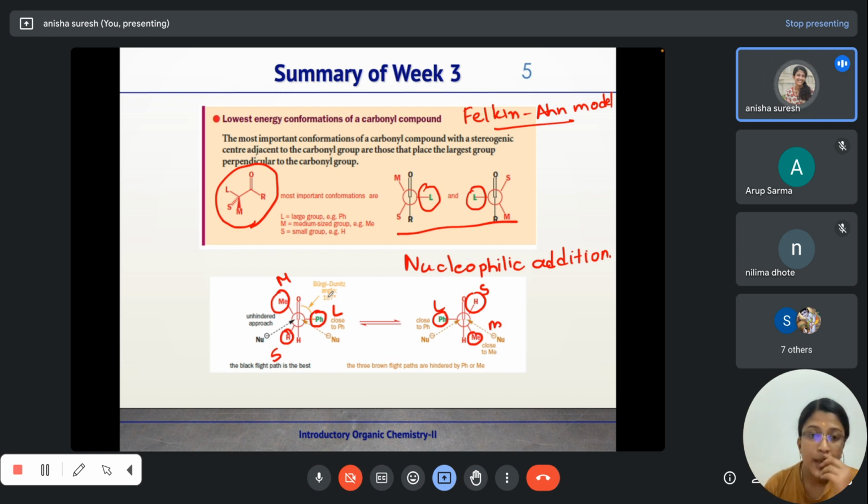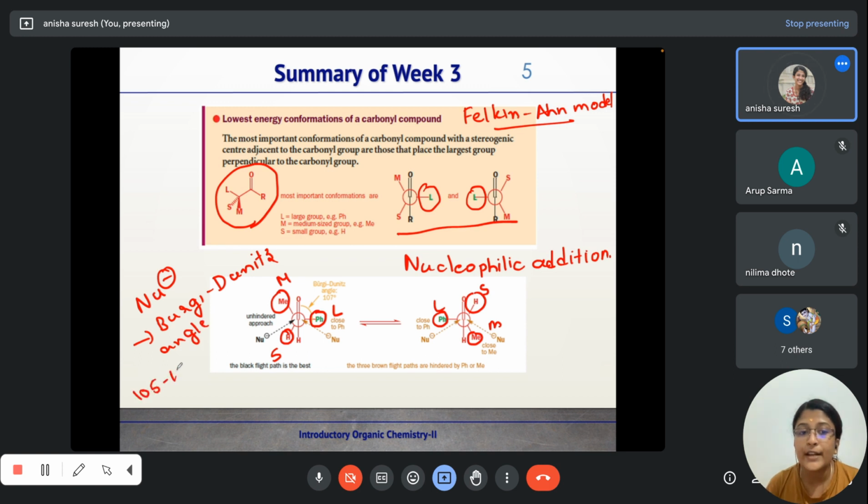So, for nucleophilic addition to a carbonyl group, the nucleophile should approach from a certain angle. That angle is referred to as the Bürgi-Dunitz angle, which is between 105 and 107 degrees. In Clayden, it is referred to as 107 degrees.